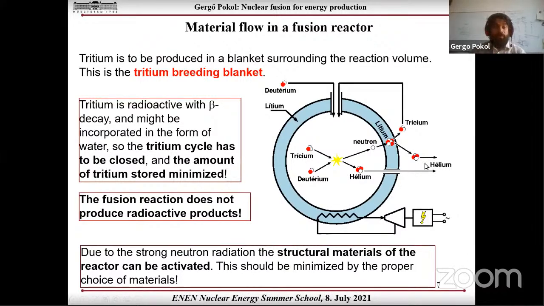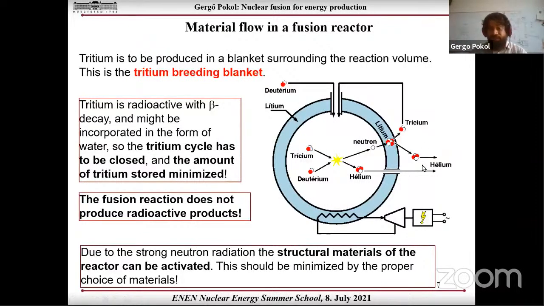We produce helium-4 because it's really strongly bound, and it means that it's stable. There's no way for it to be radioactive. So instead of the many different radioactive fission products that fission produces, this produces helium-4.